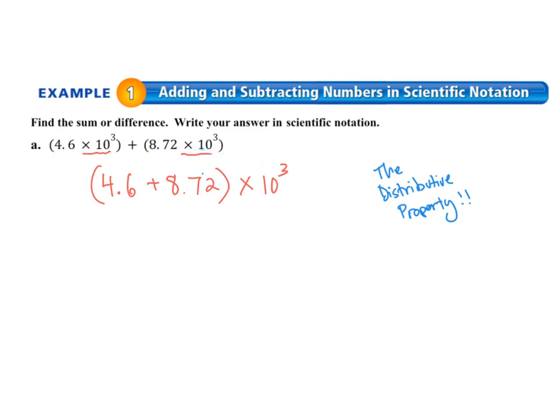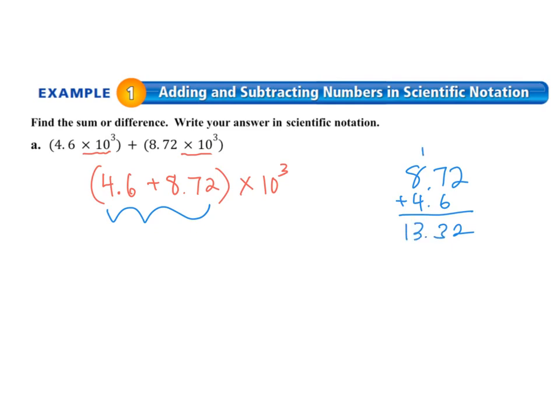So now all we have to do is add these numbers up. 8.72 plus 4.6 gives us 13.32 times 10 to the third. Now, we are sadly not in scientific notation, so we have more work to do.